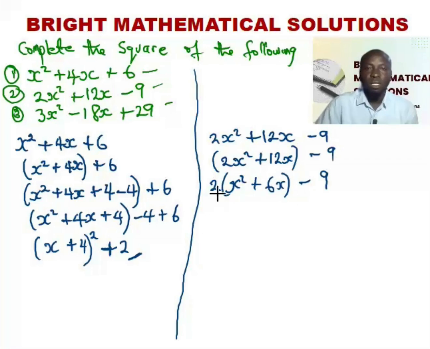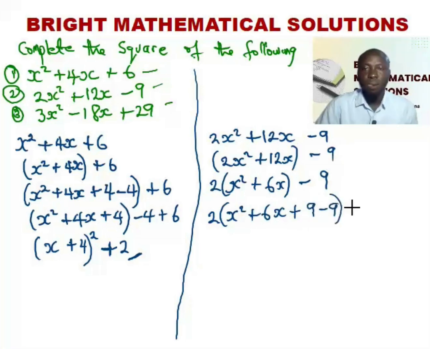Nothing has changed. Just like we did with this, we're going to look for the half of this 6, which will be 3. Then we'll square it and add it to this expression, such that this will become 2 into x squared plus 6x plus 9 minus 9, and we have minus 9 outside.